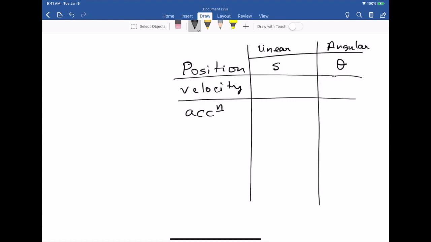How fast that object is moving on the circle is measured by its tangential velocity, v, and the corresponding angular variable is the angular velocity omega.